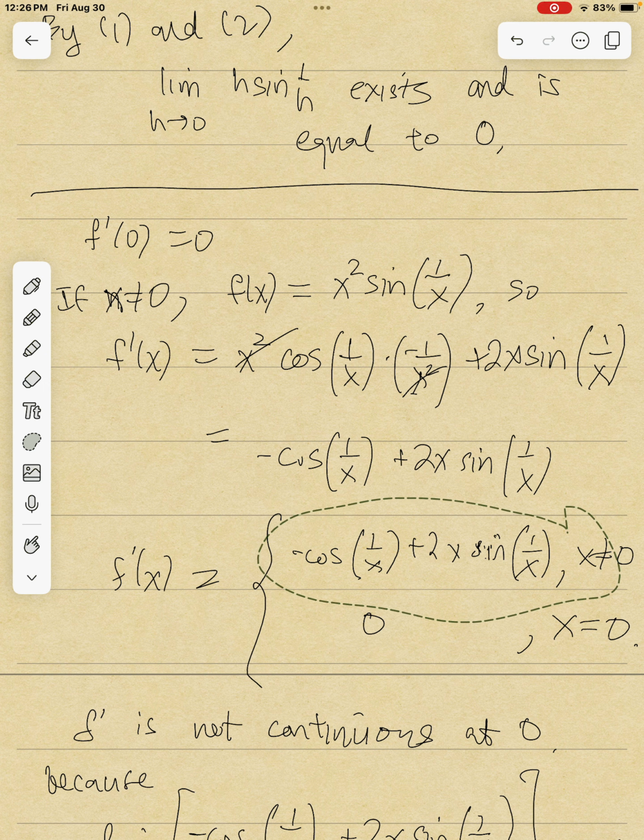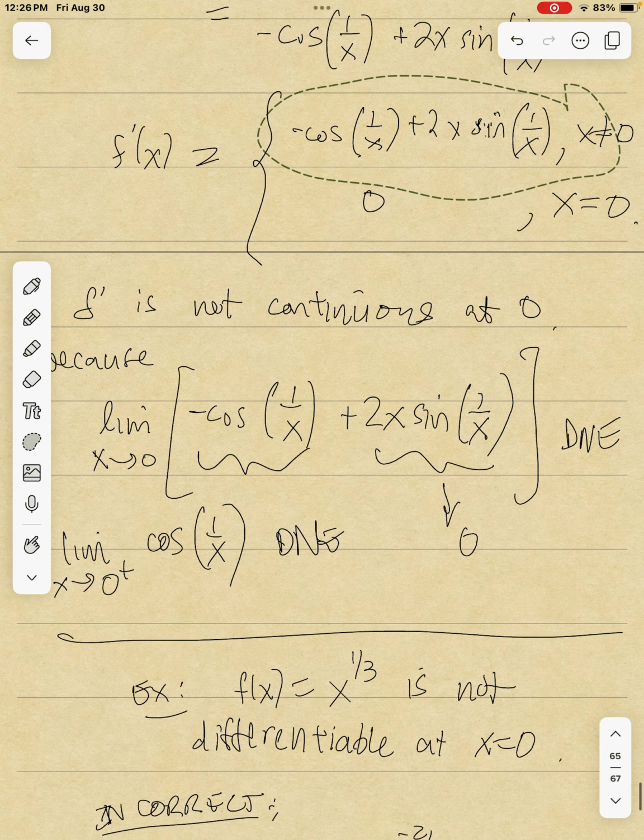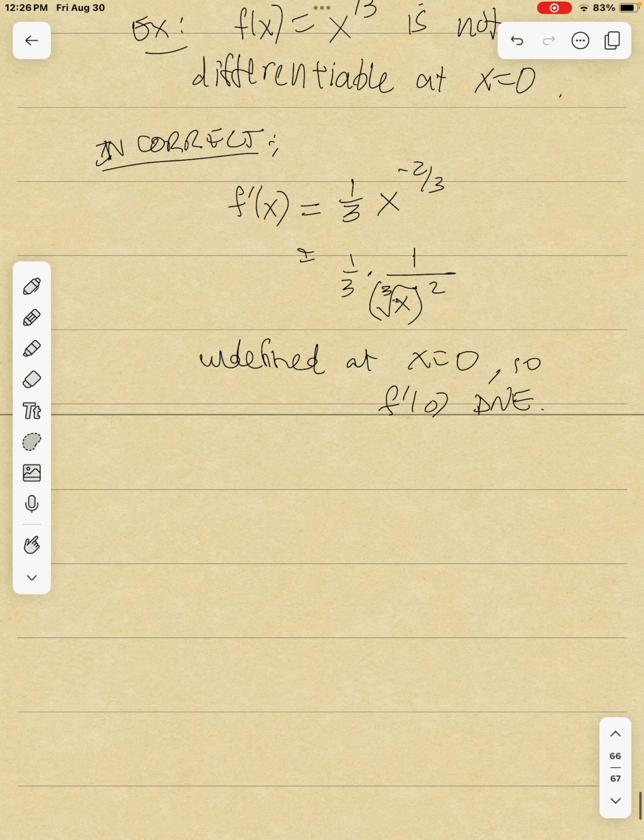But this function is not defined at x equals 0, and f prime of 0 still exists. So you can't say, well, if I do f prime I get this, and it's undefined at x equals 0, so f prime of 0 doesn't exist.